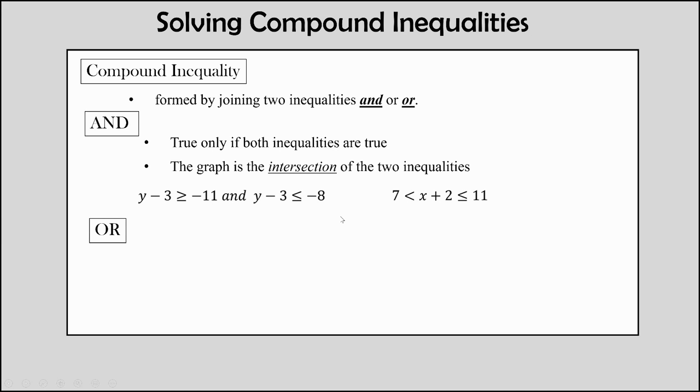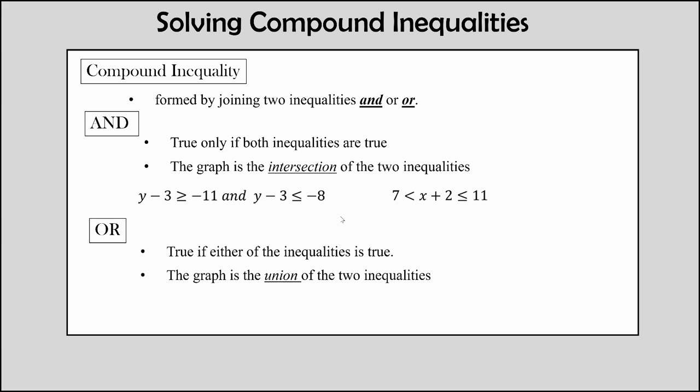The other conjunction that you could have is an or conjunction. What happens here is again you're going to be given two inequalities joined with the word or, and the outcome here is true if either of the inequalities is true. So any answer that makes either of the inequalities true is considered an answer to the overall problem.